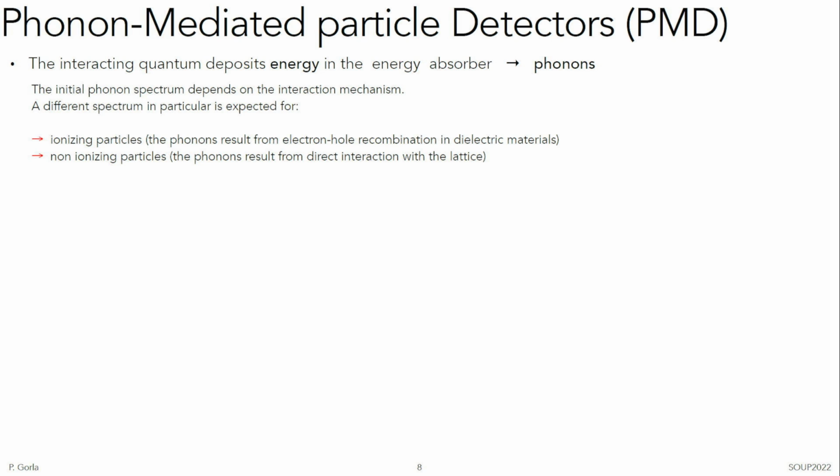So you expect different phonon spectra depending on the kind of particle, especially differing between ionizing and non-ionizing particles. But actually, it's very difficult to be sensitive to this distribution because it's prompt during the interaction, and typically sensors are much, much slower than this.